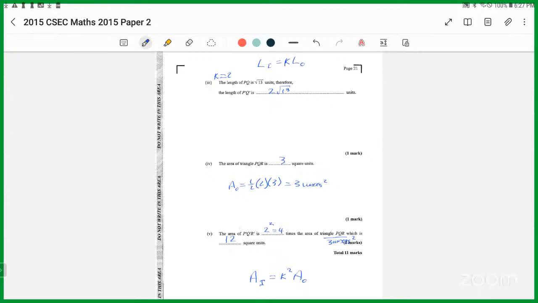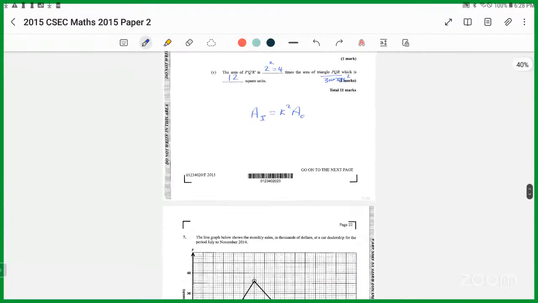Area is a product of 2 sides, and the scale factor is affecting 2 sides to give the area. That's why it becomes k squared times the area of the object. Just know this for area, and know the other for length and distance of enlargement. This one down is for area, this one up is for length and distance. Can we move on? Everybody good? Yes, sir. Alright, beautiful. Let's continue.